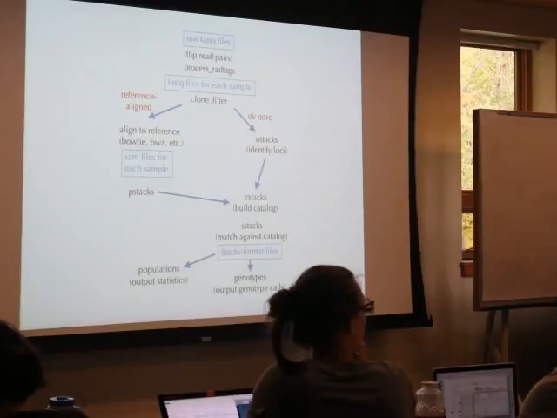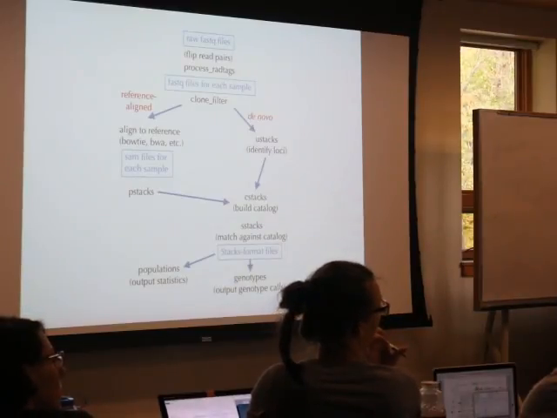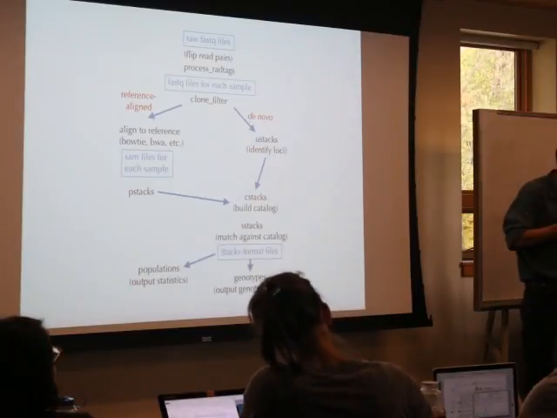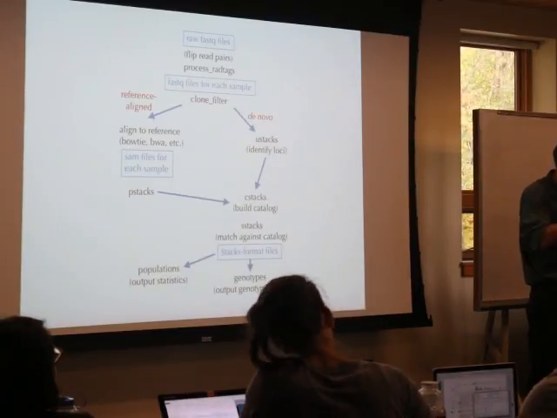Oh, sorry. Did you mean by flip that it gets it in the correct 5 or 3' orientation, from the restriction enzyme site? I'll show you an example in just a bit.